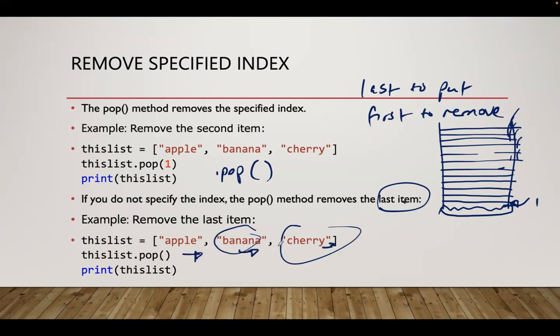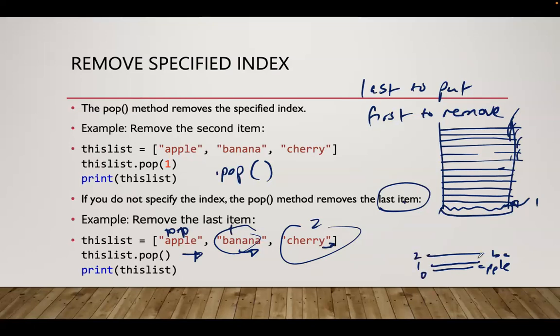But the way it's been arranged is that it has apple as index number 0, banana as 1, and cherry as 2. So now in its mentality, it feels that apple is here, banana is here, and cherry is here because it has index number 2.